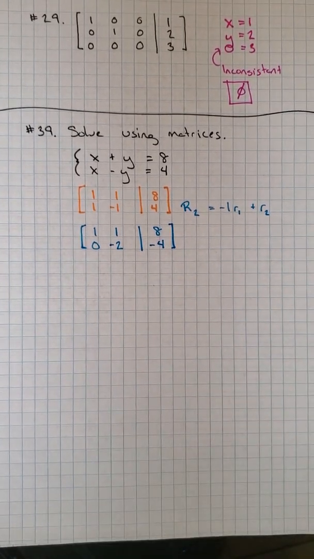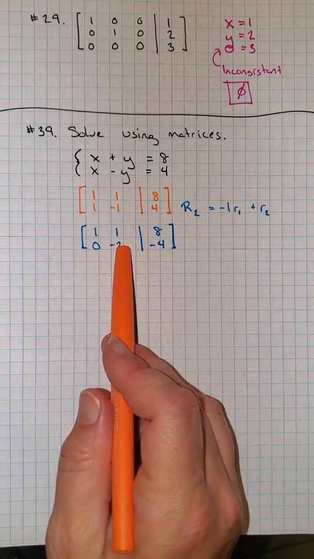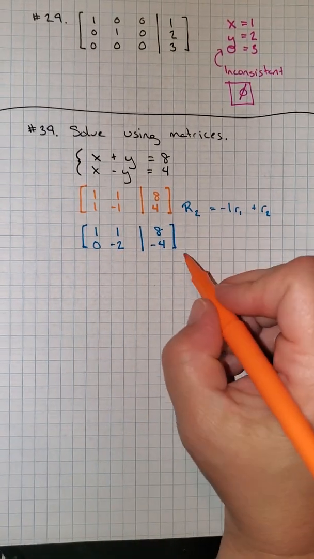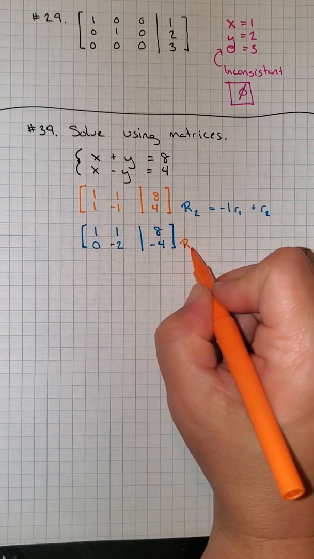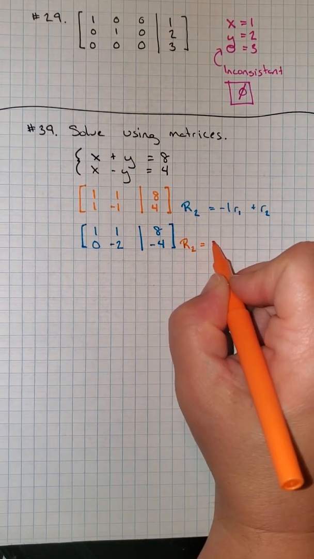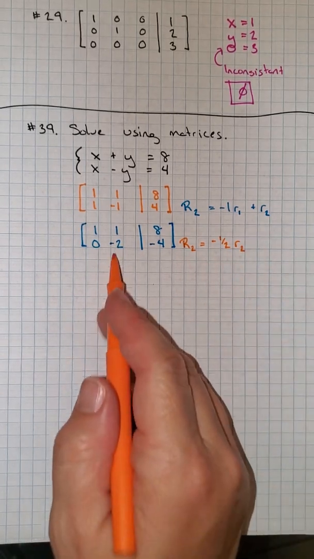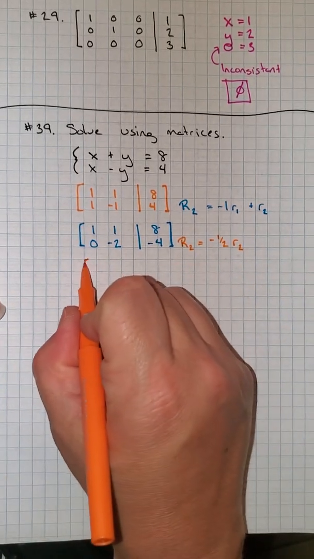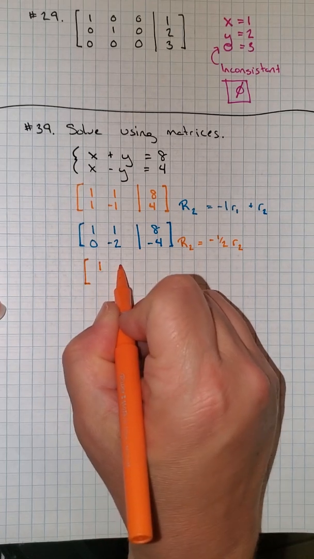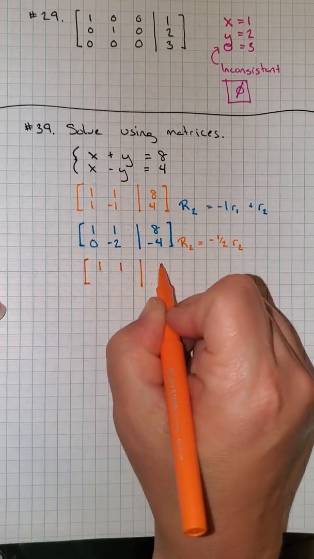But we're doing this using matrices, so we want that to be 1. Really, we just take our new row 2 will be -1/2 of our old row 2, because that'll make that into a 1. So we're not using that first one for this one.